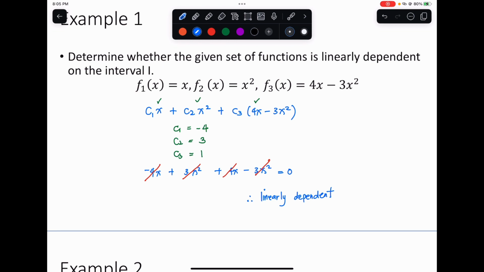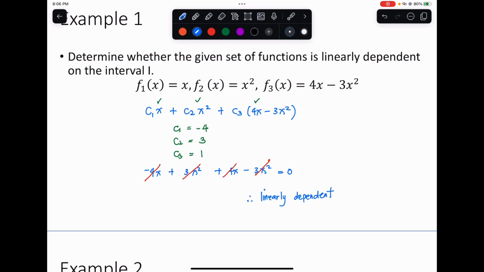So in short, what does that mean? That means that those three functions cannot be solutions of the same differential equation, because the three are linearly dependent with each other.